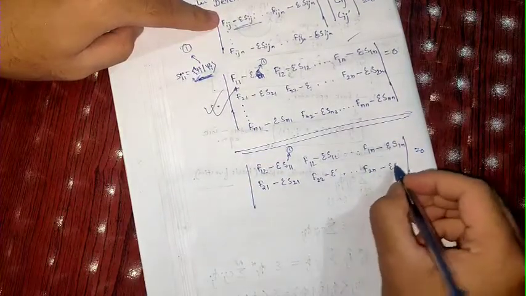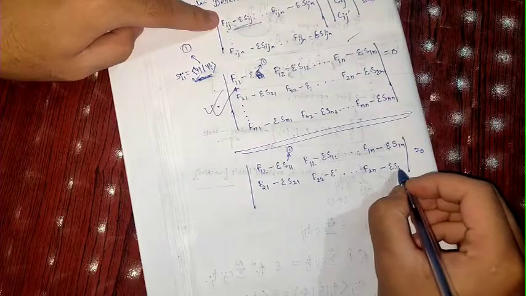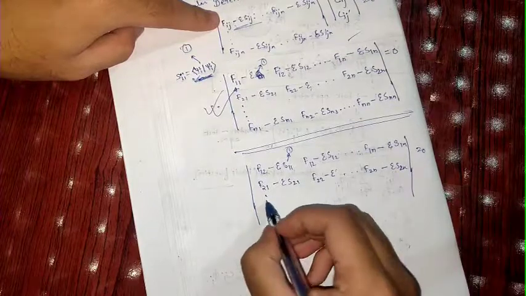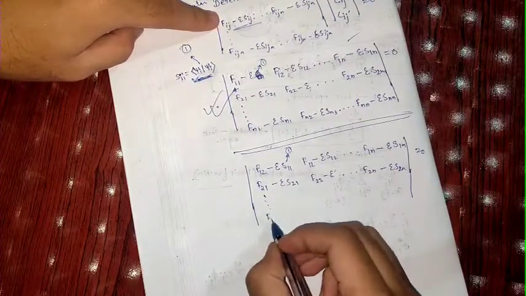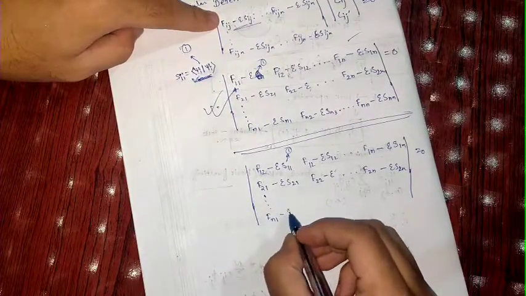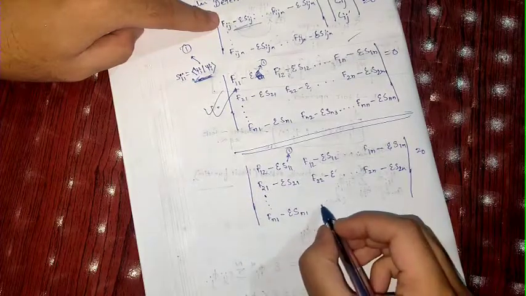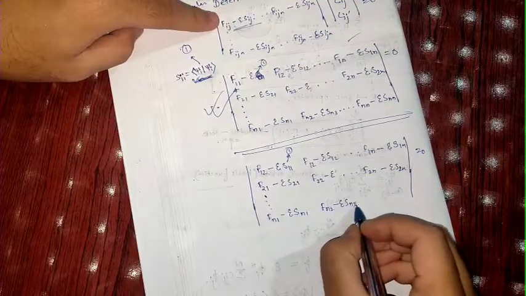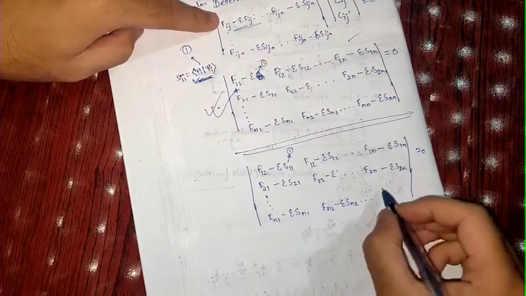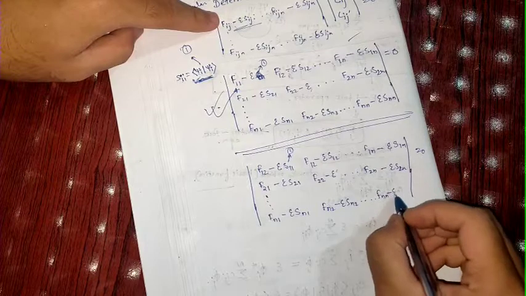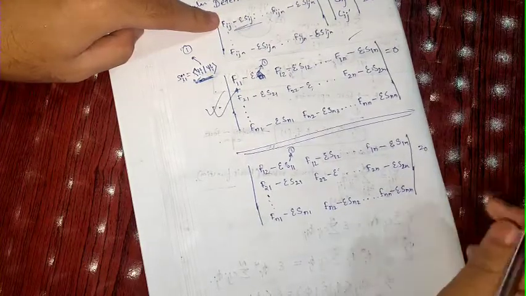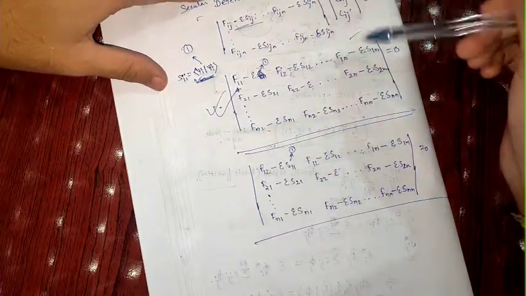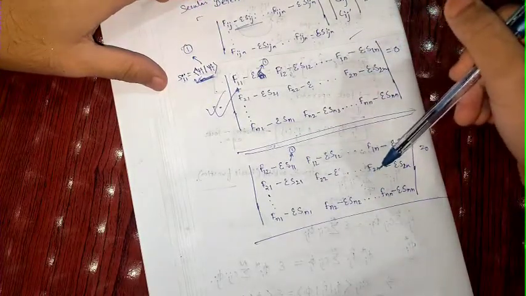F2n minus E S2n. So this will just go on up to Fn1 minus E Sn1, then here it becomes Fn2 minus E Sn2, and so on, up to Fnn minus E Snn, that is equal to 0. So this is ultimately the secular determinant equation that can be obtained.